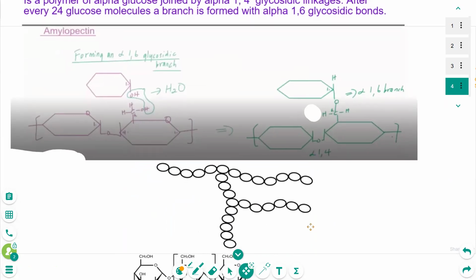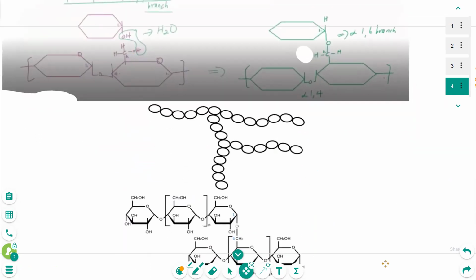All right, so guys, you can picture the amylopectin looking like this, right?